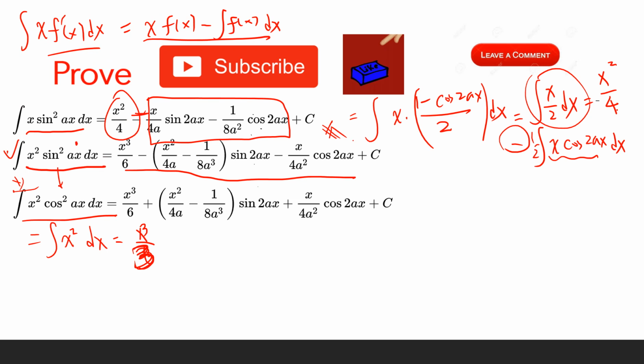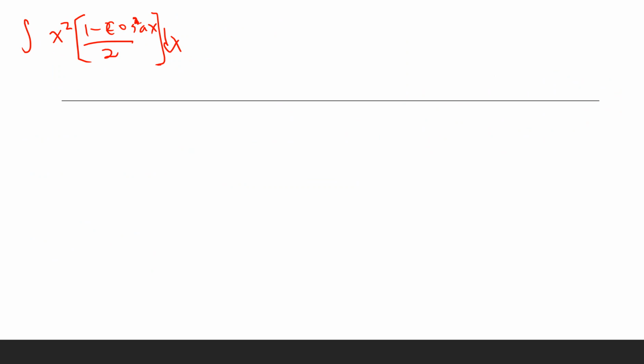The key point is that we get this x squared dx minus half x squared cosine 2ax dx, and we need to find what this one is.